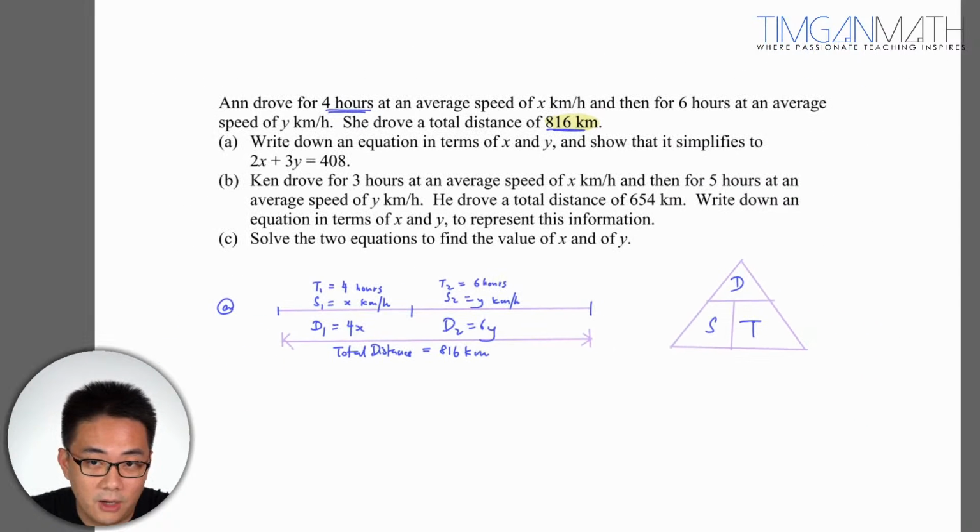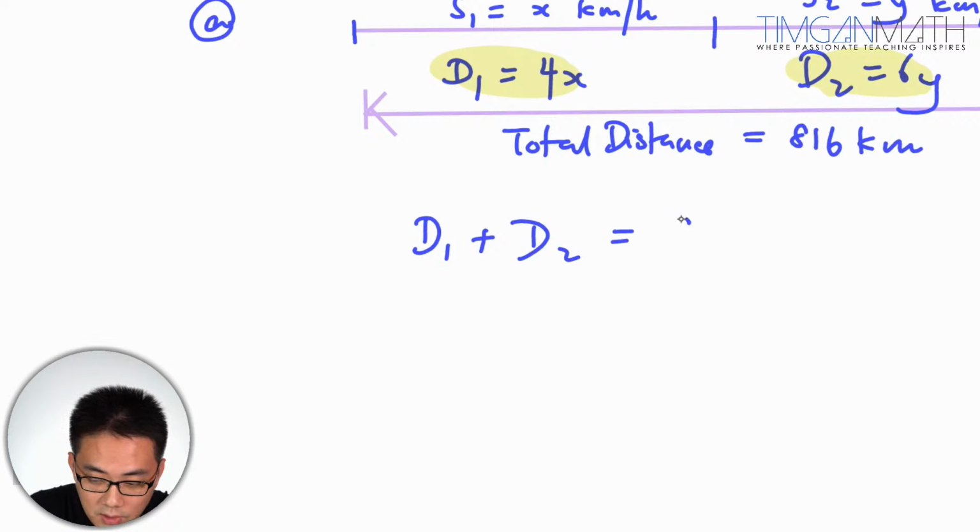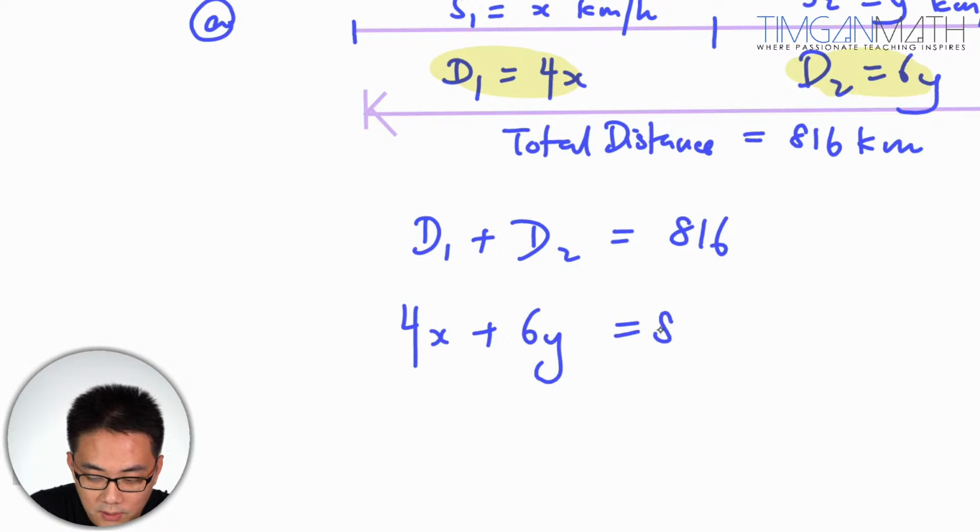Once you get that ready, you can write down an equation in terms of x and y and show that it simplifies to 2x plus 3y equals 408. So d1 plus d2 is 816, and this will be 4x plus 6y equals 816.